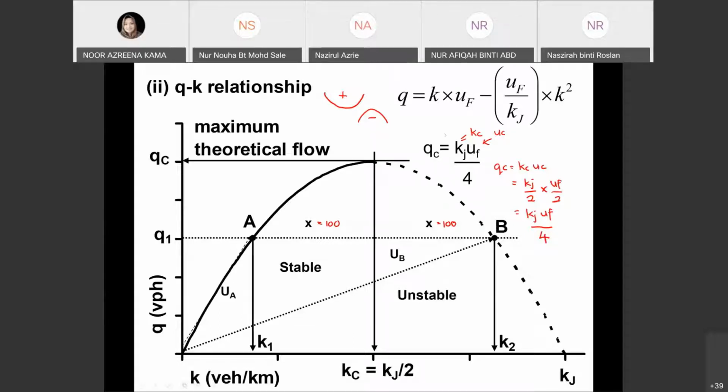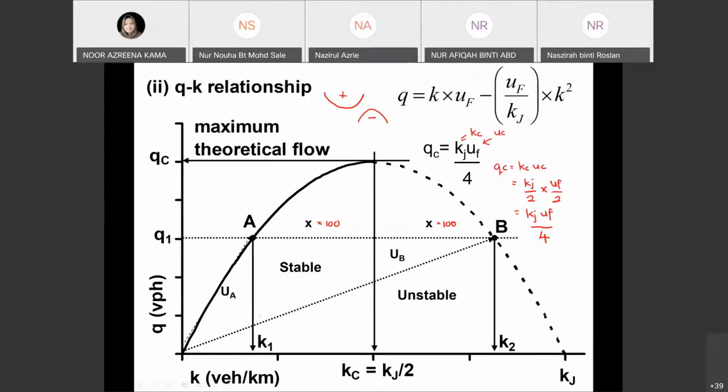Okay. Sampai sini ada soalan lagi tak? Madam, yang UB tu, UB tu, gradientnya mana satu? Sebab UA yang hitam line full ni, yang UB ni gradient dia, UB ni. Yang ni.